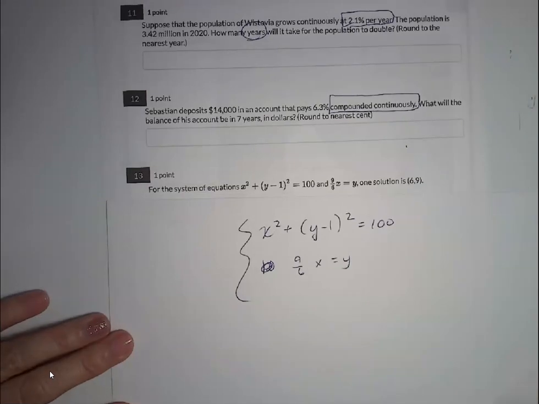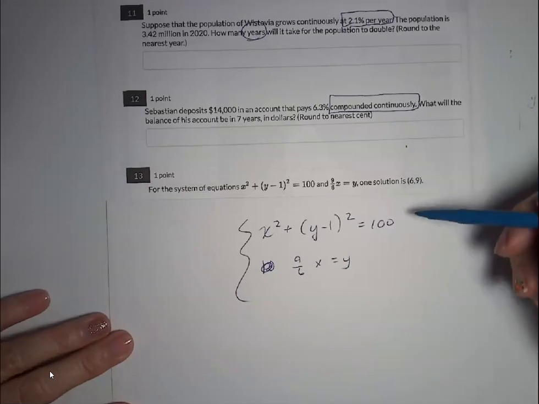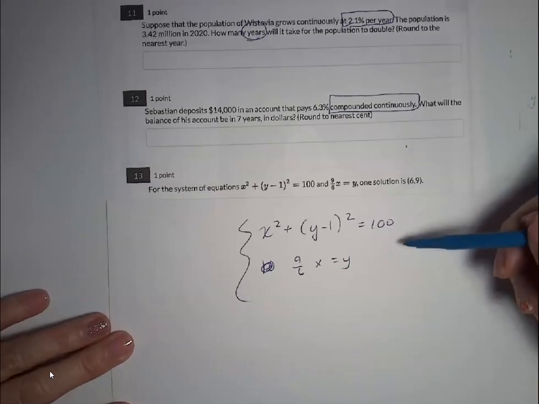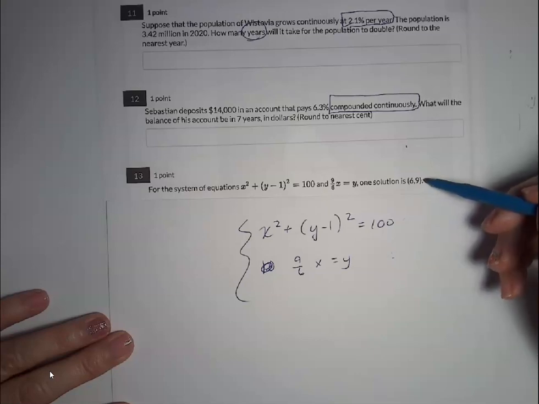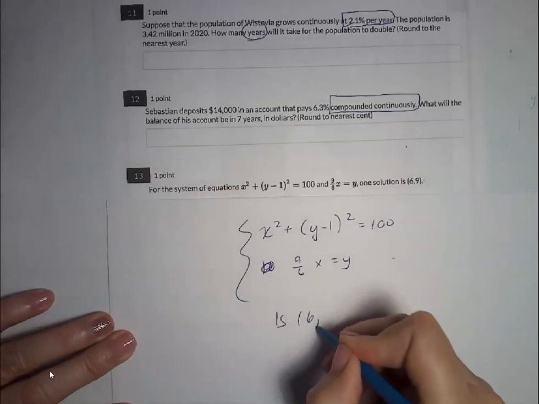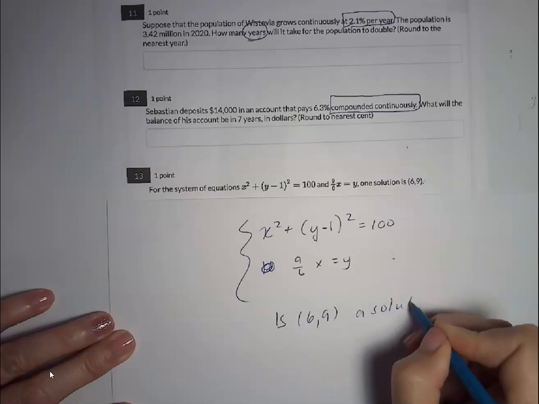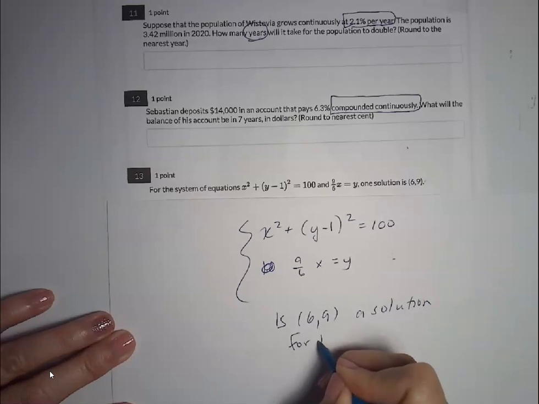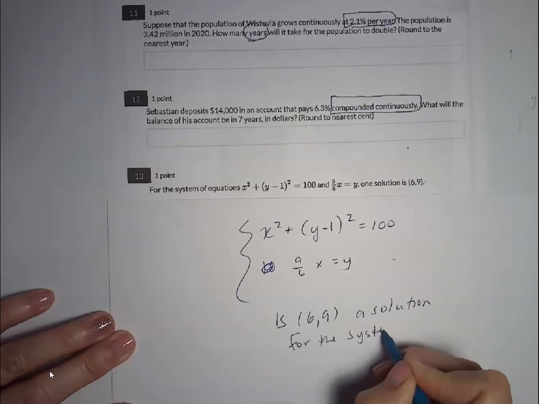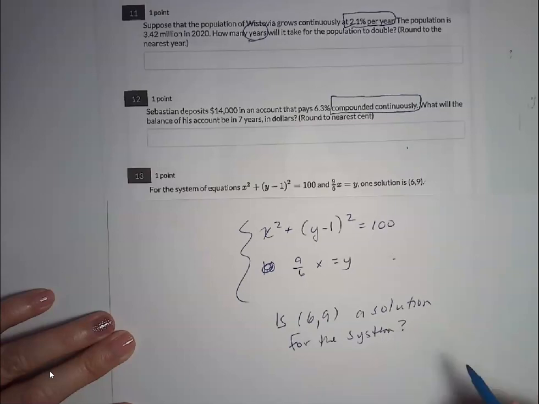When you're solving a system, it means that your solution has to be a solution for both equations. So it's giving me one of the solutions. Is 6, 9 a solution? It's not enough for just one of the equations. It has to be for both of the equations.